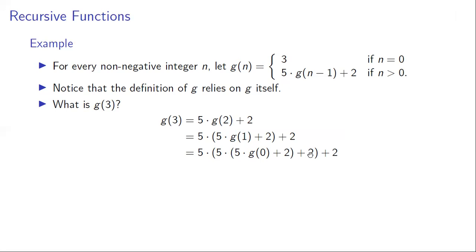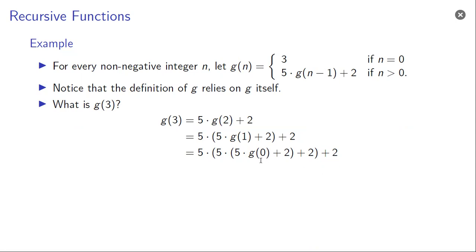Sorry, let me redo that. g of 1 is equal to 5 times g of 0 plus 2. Okay, but now we have to do 5 times g of 1 plus 2, so that's all this. And then we still have the 5 multiple at the beginning and the plus 2 at the end.